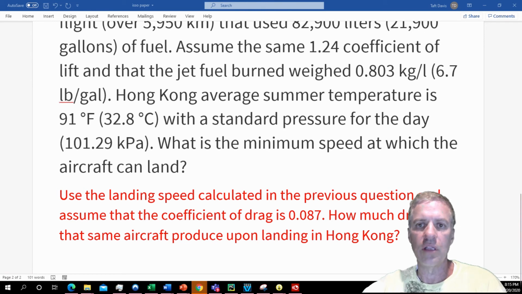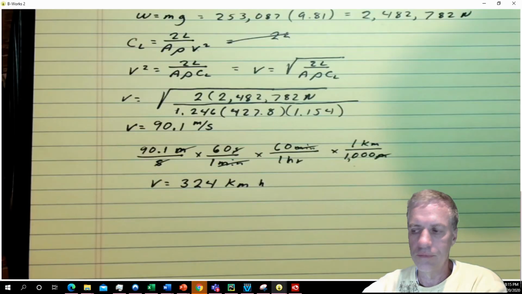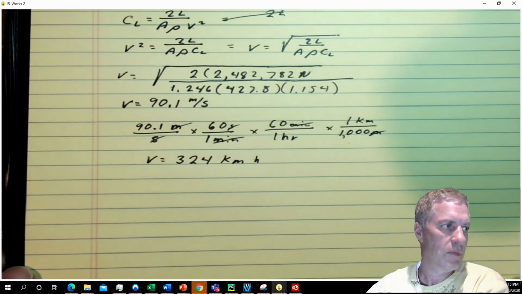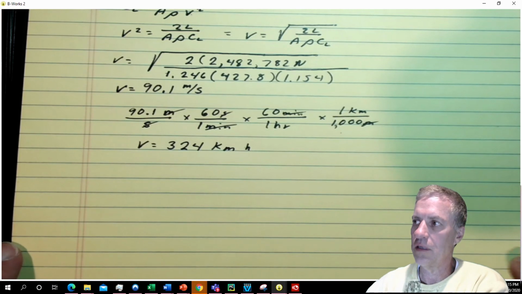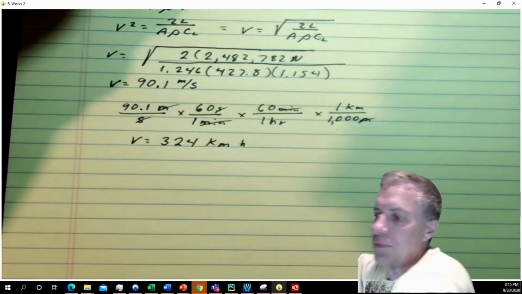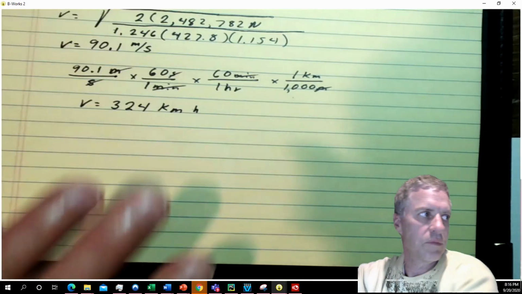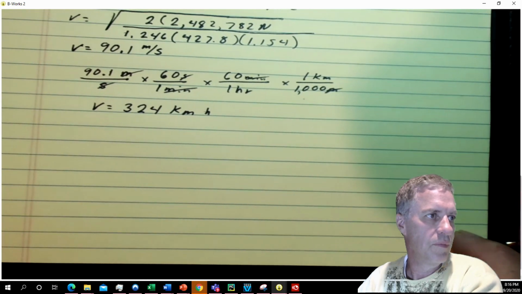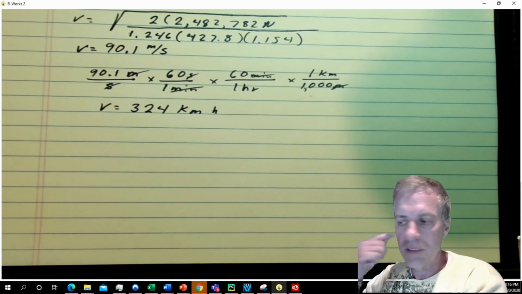All right, now it says to use the landing speed calculated in the previous question and assume that the coefficient of drag is 0.087. How much drag will that same aircraft produce upon landing in Hong Kong? Okay, so I'm going to slide down here a little bit further. And I think I've got enough room on this page.